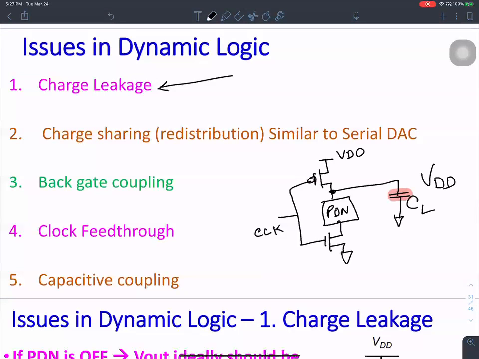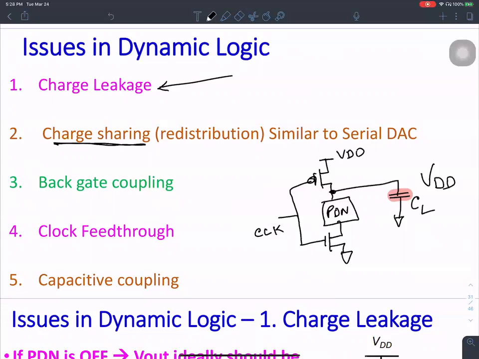The capacitance, if you leave it with a charge of VDD, it should hold that value ideally. But then what happens is the capacitance leaks some charge. And in addition, there is also some charge sharing. The capacitance here shares some of the charge with other parasitic capacitance somewhere else.